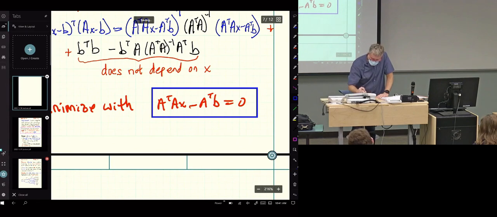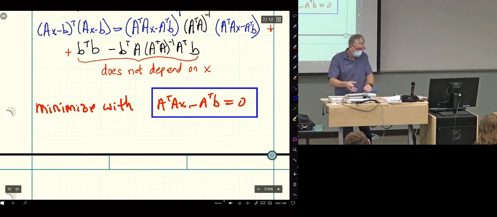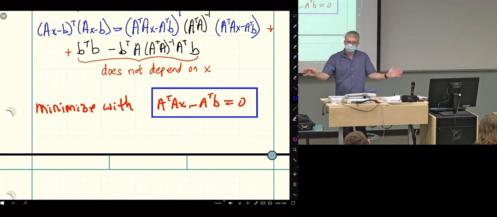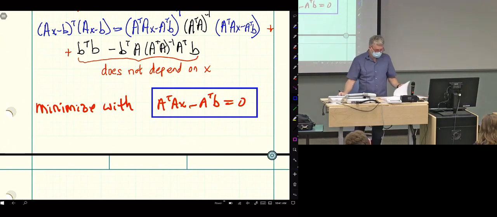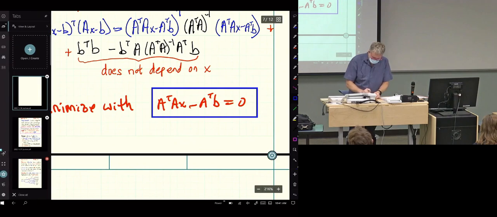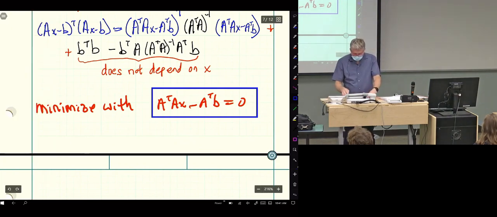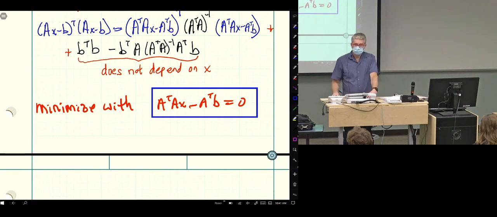The formula is so simple, but it takes quite a bit of work to get things in that form. So if you guys want to go through it, it's in the book, but you don't have to. Questions on least squares? Just need practice.